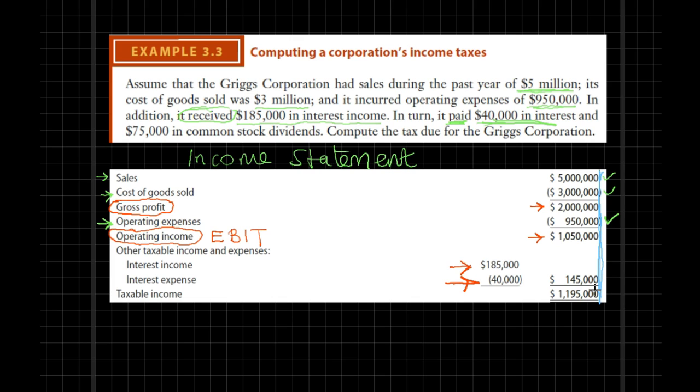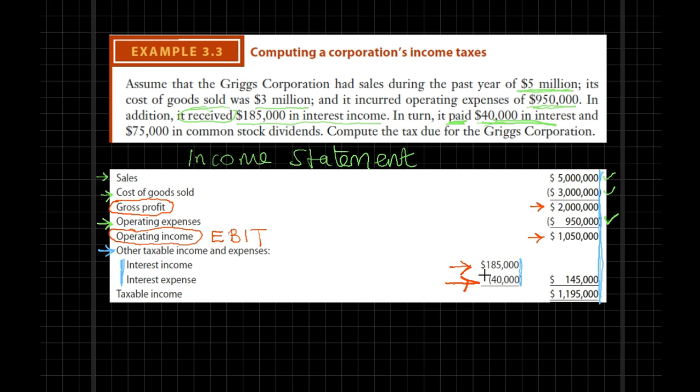So all this right alignment, that's crucial. But now you might wonder, why have we aligned these two numbers, interest income and interest expense, kind of indented inside? The reason is we are doing a sub calculation, as you would see on this left hand side here. Interest income and interest expense is part of our other taxable income and expenses, so we are separately treating those two accounts.